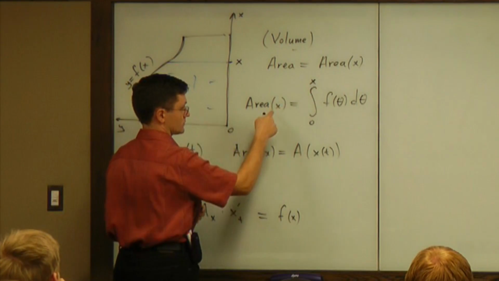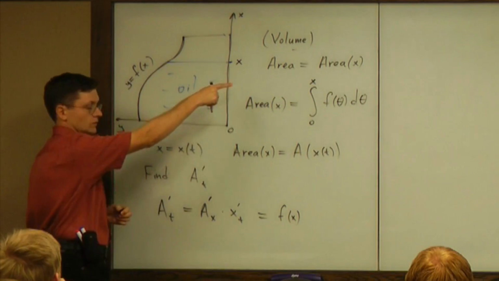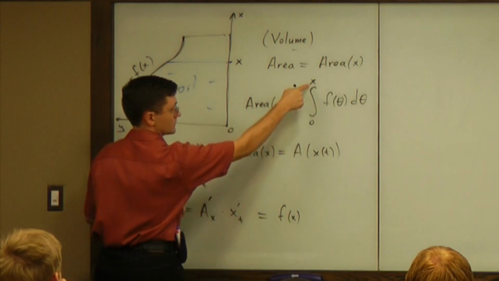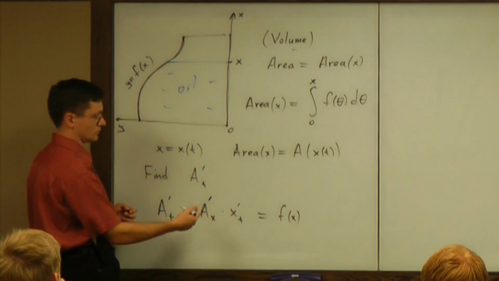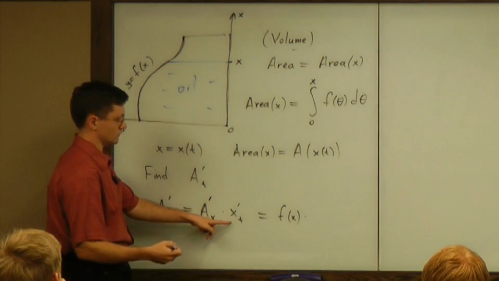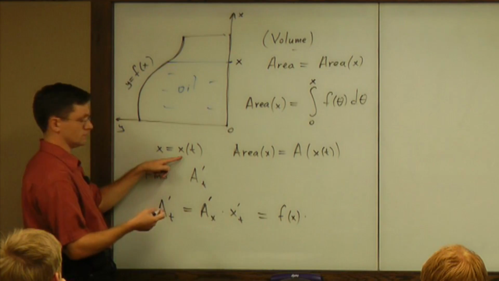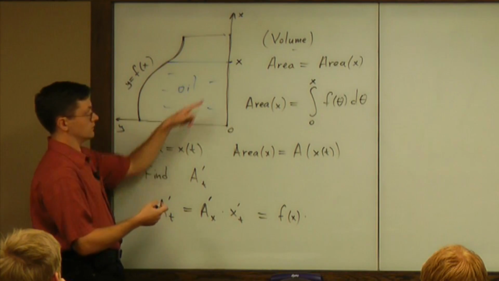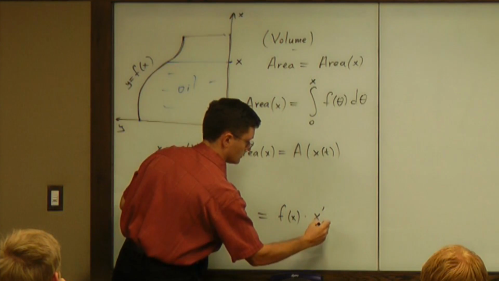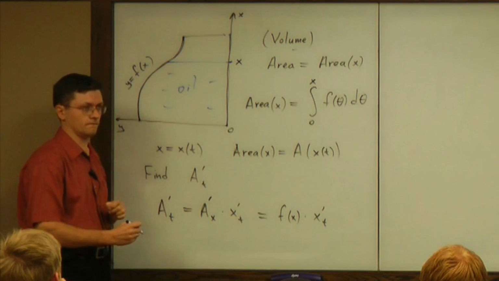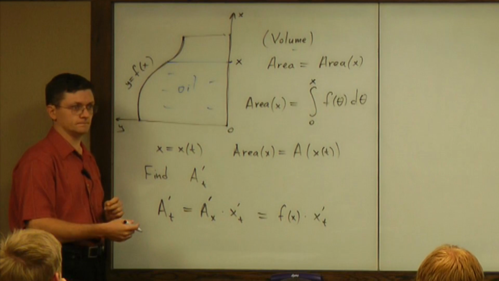The essential entrance of this variable is only at one point. So I substitute this x into f, that's my derivative of the area with respect to x. Then I have to differentiate x with respect to time, and if that function is given or measured, then I get the answer as a product.